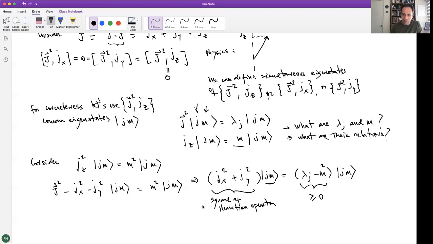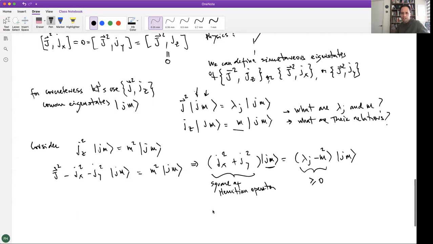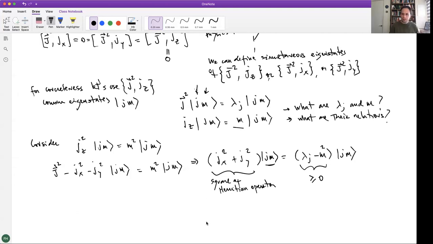That's because this is the square of a Hermitian operator, and Hermitian operators have real eigenvalues. So the square of a real eigenvalue is a positive number, and that means this has to be a positive number, which implies that m squared cannot exceed lambda_j. So that's why this is a constraint on m. That's the first thing we know.